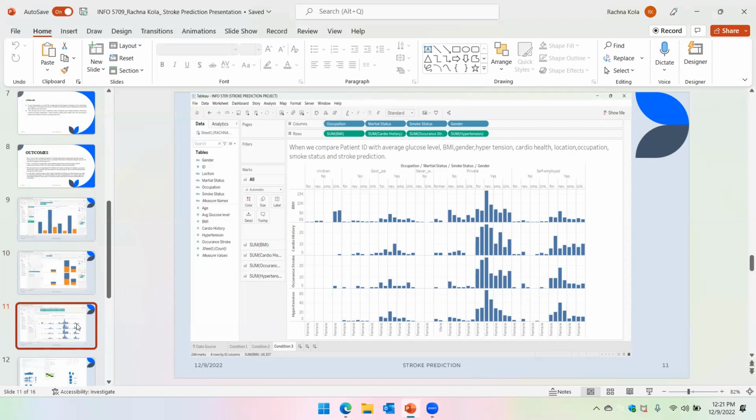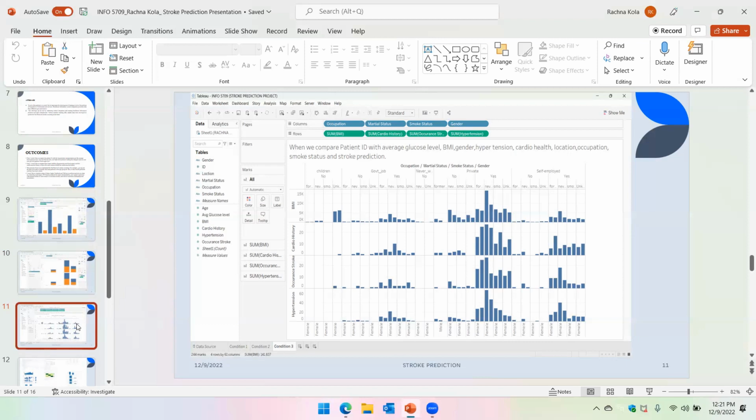we come to know that there are a lot of female people who have never smoked at all who have been a victim of having a stroke. So we also come to know that it's again from the private sector where the people have been working.